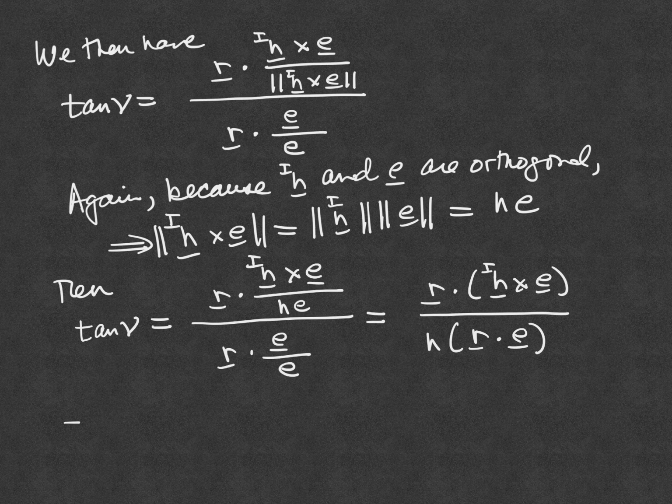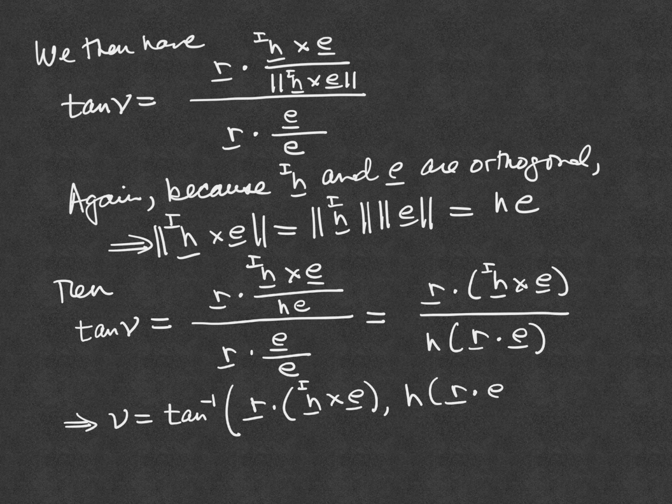So as a result, the true anomaly becomes the four-quadrant inverse tangent of r dotted with h crossed with e, and then the magnitude of h, which is h times r dotted with e, and that again is on the interval negative pi to pi.